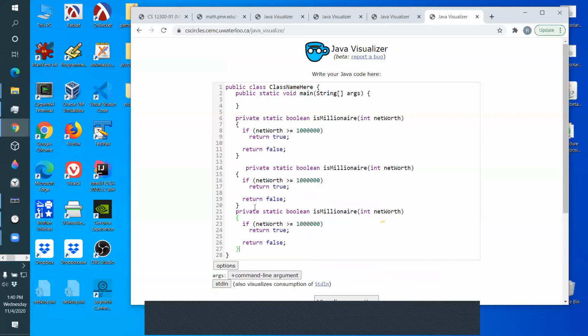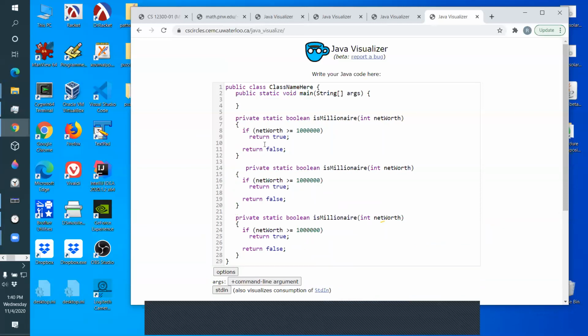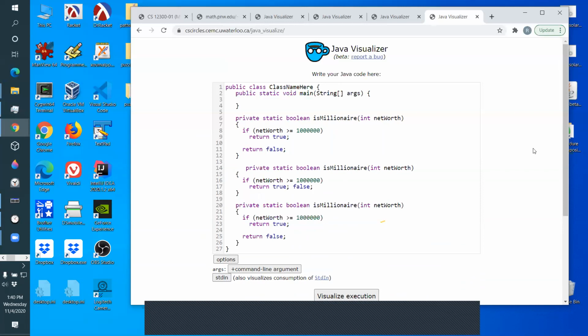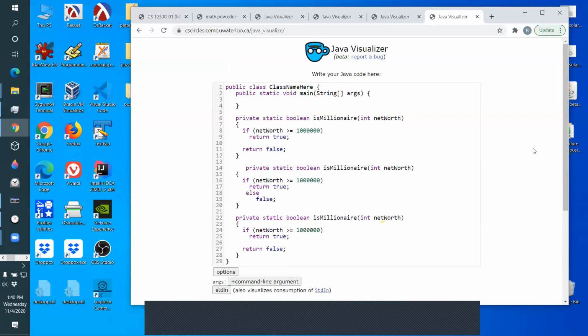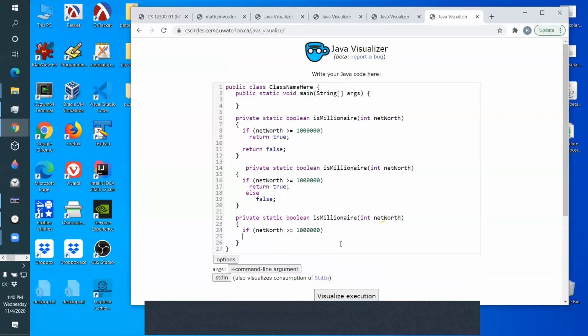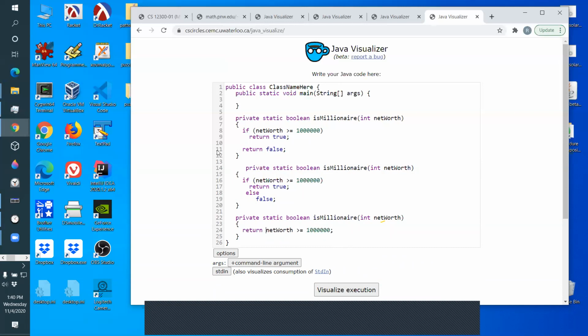So you can lay them out. This is one solution. The other solution is just put an else here. And the best one is the one-liner. There are the three ways of fixing it.